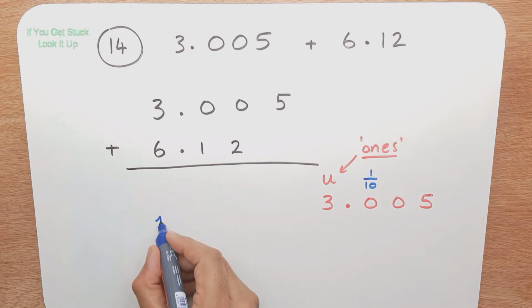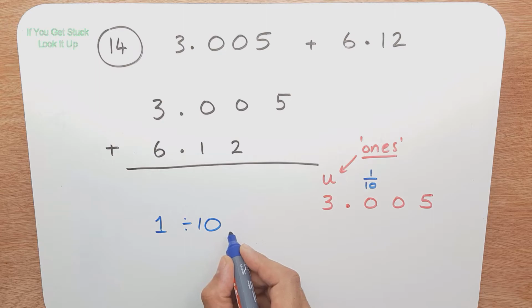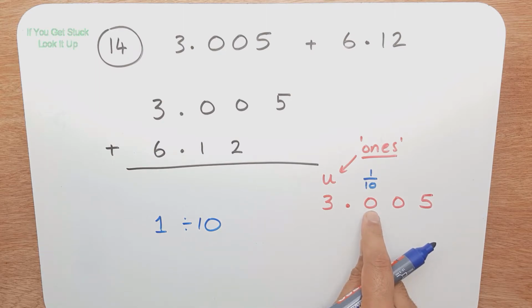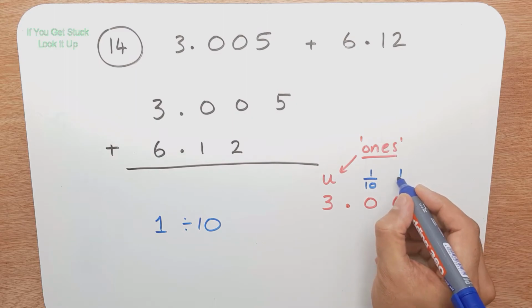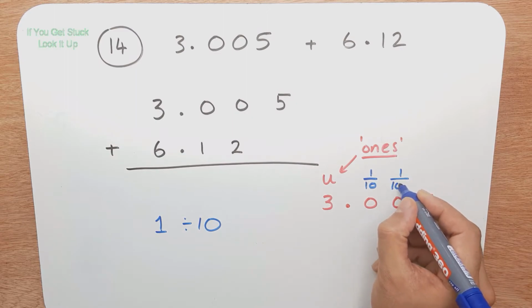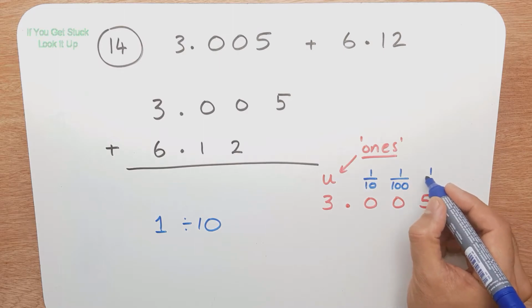That means if you take one whole unit and you divide it by 10, it will go into there. This here is the hundredths column, and this column is the thousandths column.